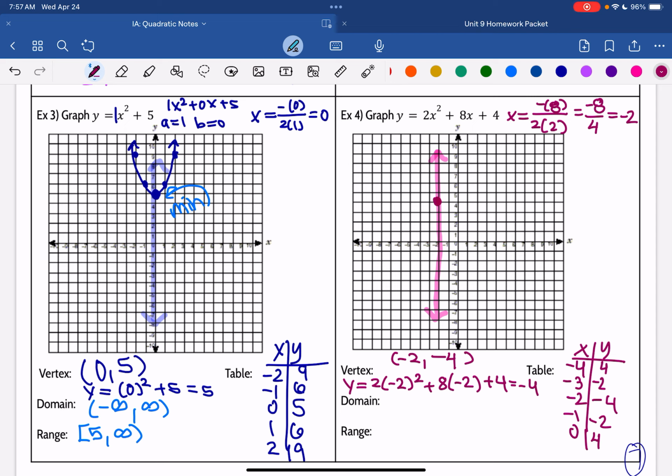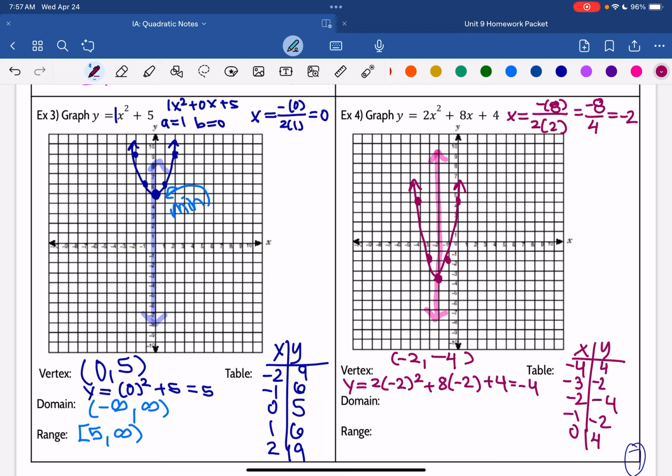So this dot is in the wrong spot, it should be at negative 2, negative 4. Same thing though, this should be going up, and it does. So at negative 4, we're at 4. Negative 3, we're at negative 2. Now just reflect it over our line.